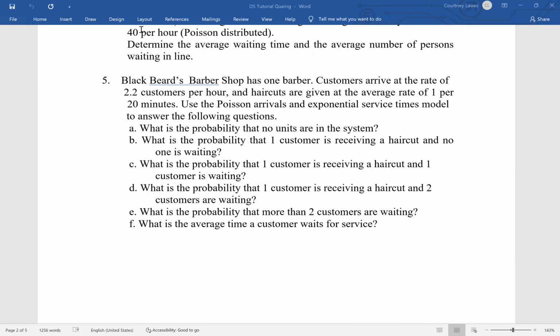So what's the probability that one customer is receiving service?